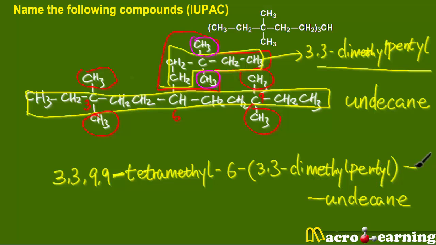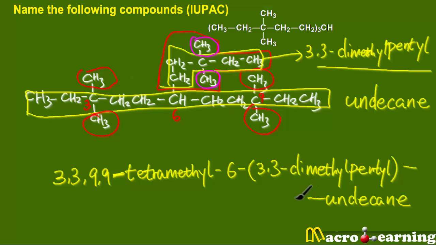Just because I ran out of space, I have to put undecane in this next row here. So tetramethyl, and the 5th substituent, which is this guy in this parenthesis, we put it in a parenthesis because we had to name this substituent before we called it in the entire nomenclature. Okay? Hope it makes sense to you.